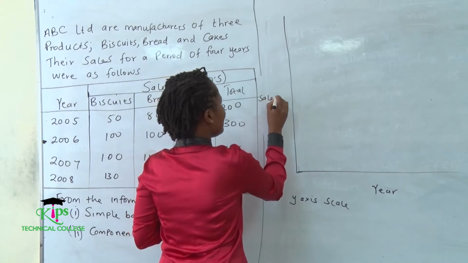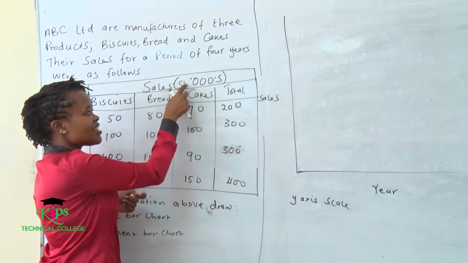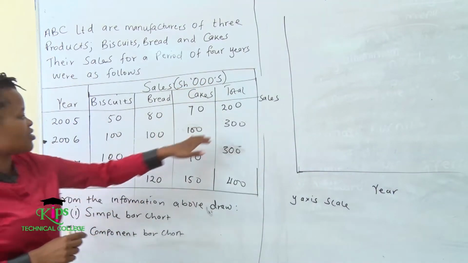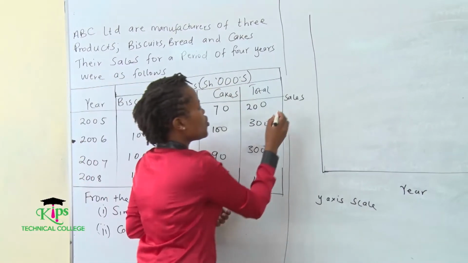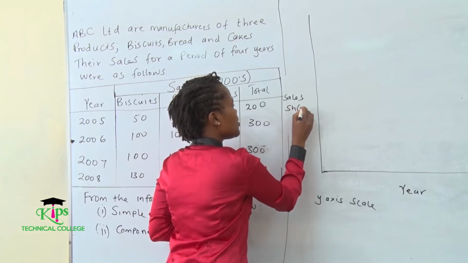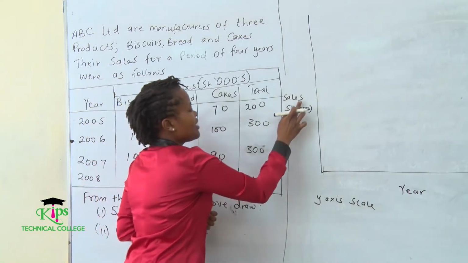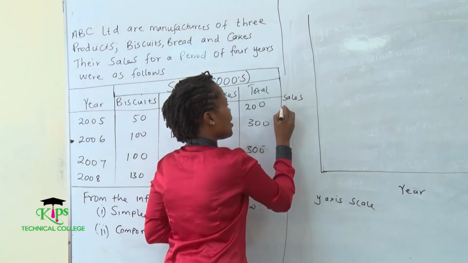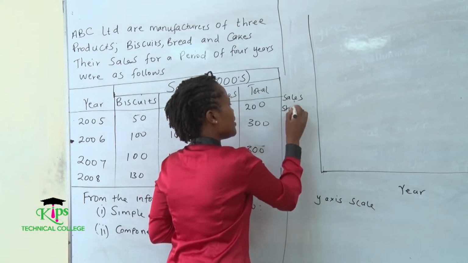And our sales, you see here at the top, it is indicated that it is in shillings, and then there are these 3 zeros, meaning, for example, this is not just 200, it is 200,000. So you must put that below the sales, to show that those zeros are in consideration in our working.